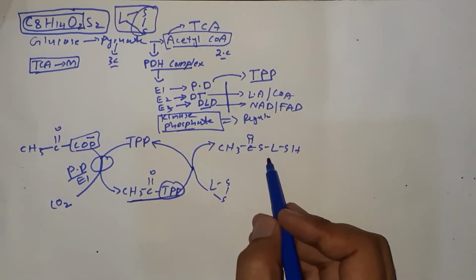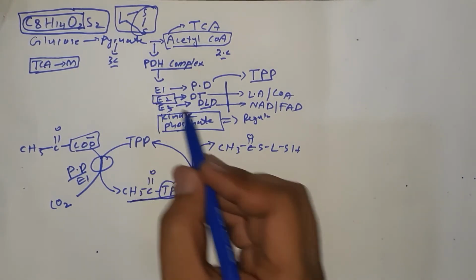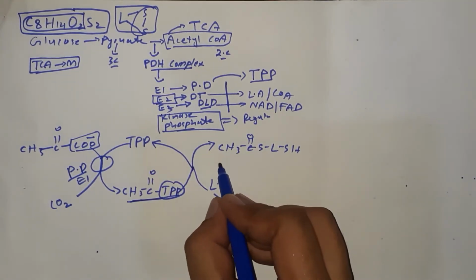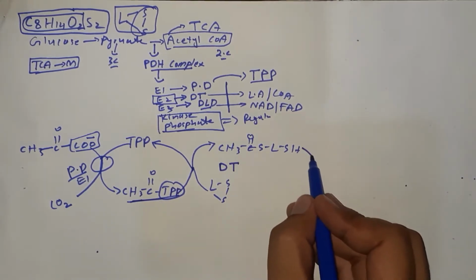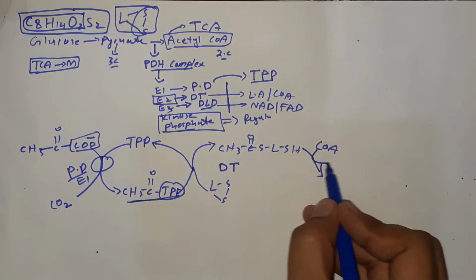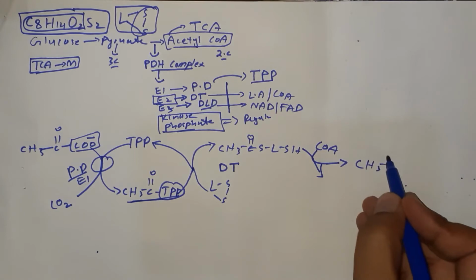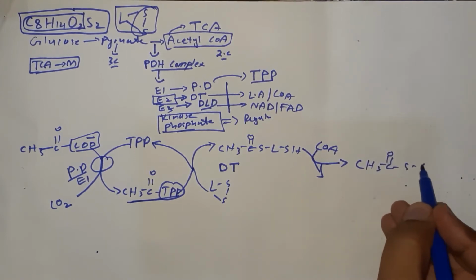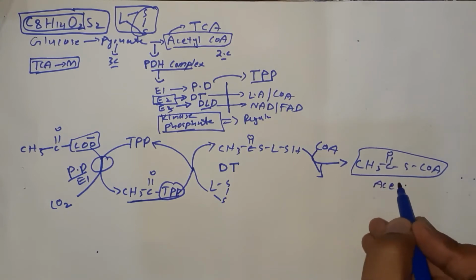This reaction is catalyzed by the E2 domain of the PDH complex, dihydrolipoyl transacetylase. Now this intermediate combines with CoA and gets converted into acetyl CoA, CH3, C double bond oxygen, S-CoA. So this is the acetyl CoA, the required product.